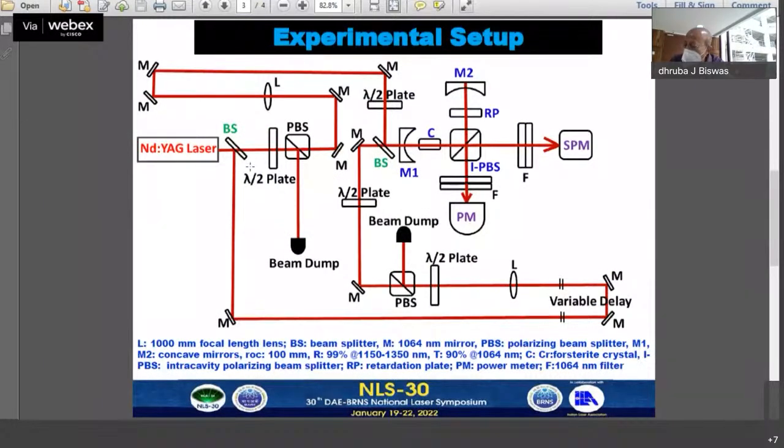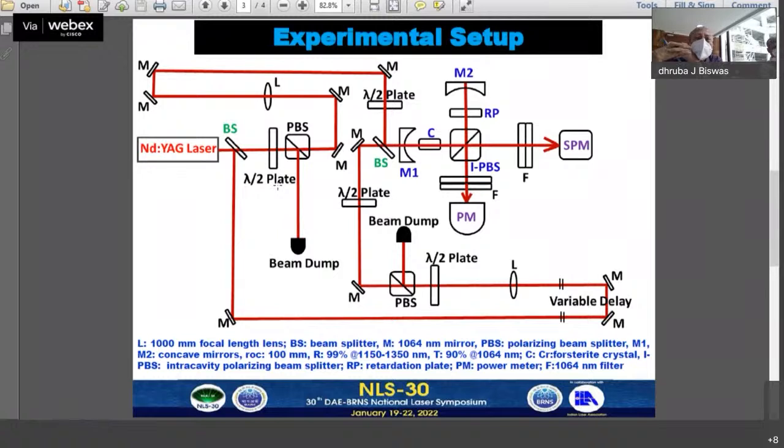This is the experimental setup, in which the pumping Nd:YAG laser is divided into two parts. The upper part we call the pump beam, and the lower beam is the control beam. The pump path is fixed, but the control path is changed so as to provide variable delay between the pump and the control pulse.